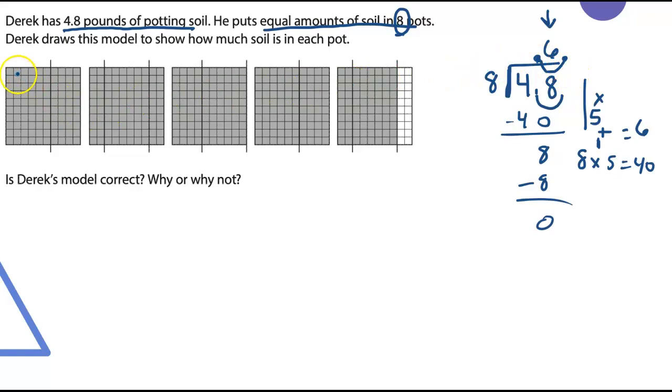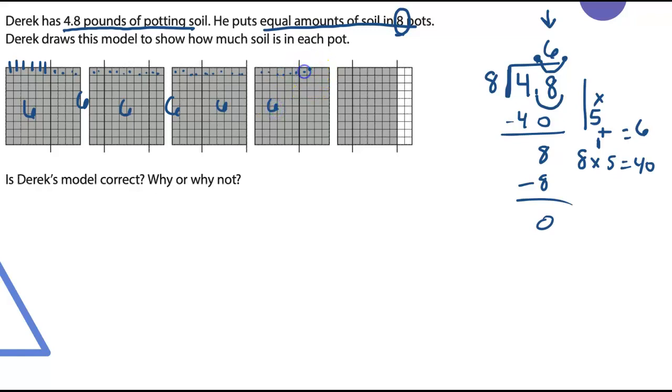So now I'm going to go over here and count my groups, my tenths. 1, 2, 3, 4, 5, 6. Here's 6. 1, 2, 3, 4, 5, 6. Here's 6. And so on through each group.